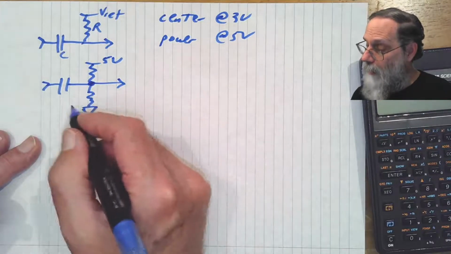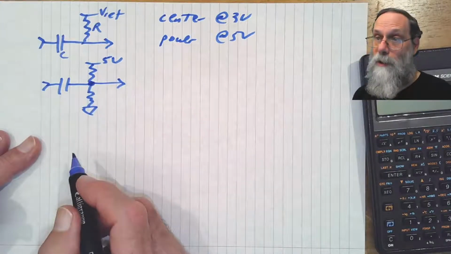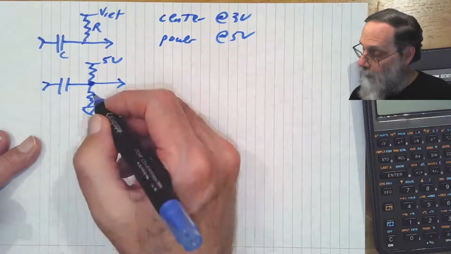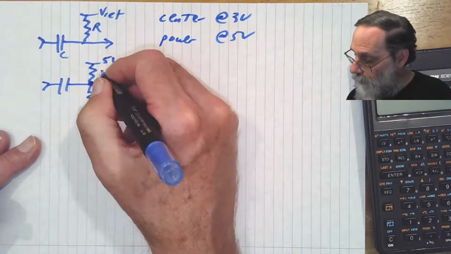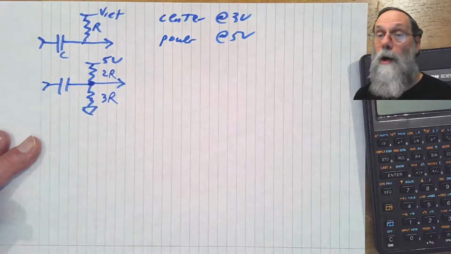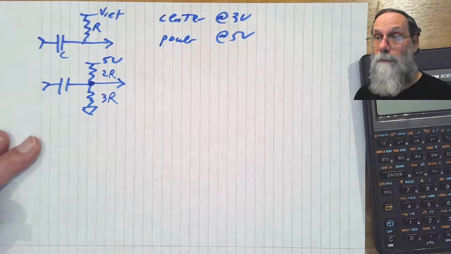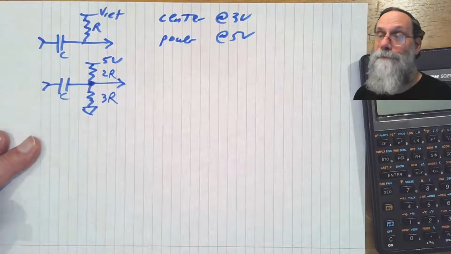Well, we need the thing on the bottom to have 3/5 of the total resistance in order to have 3/5 of the total voltage. So if we make this one be 3 times some constant R, and this one be 2 times some constant R, then the voltage out here will be centered at 3 volts. And once again, we're done.